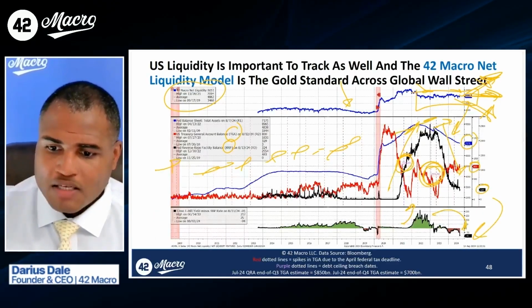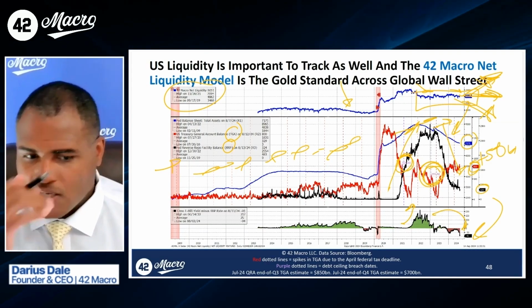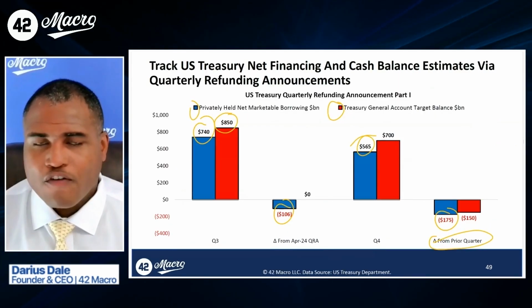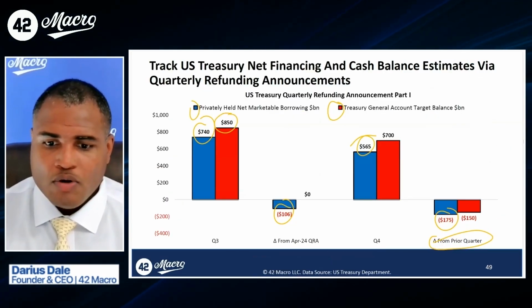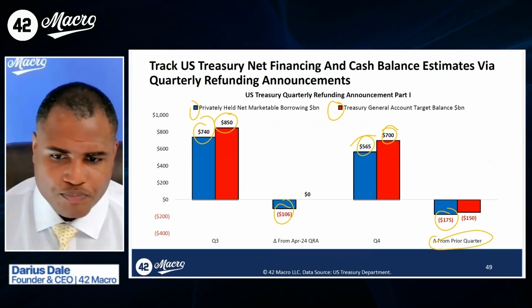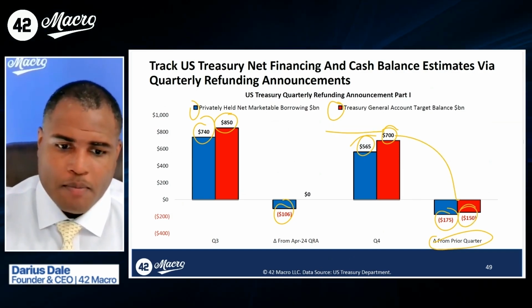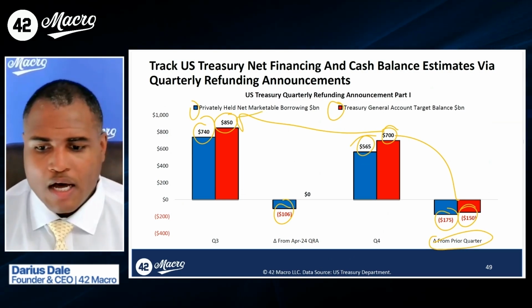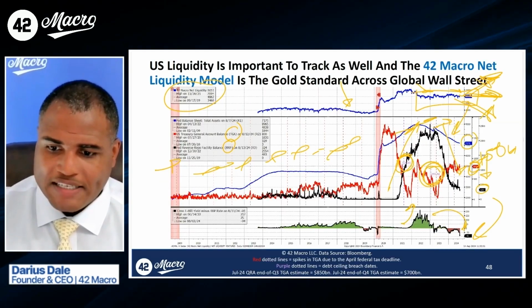That would be a $50 billion increase from the current level of $800 billion, and so that would obviously be slightly negative from the perspective of the net liquidity model there at the top. They're projected to have that decline to $700 billion in Q4, which would be a projected $150 billion decline from the projected Q3 numbers. So that's obviously positive. That means we could go up to $850 billion and then back down to $700 billion.